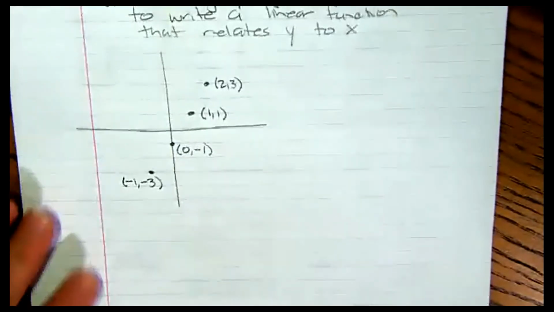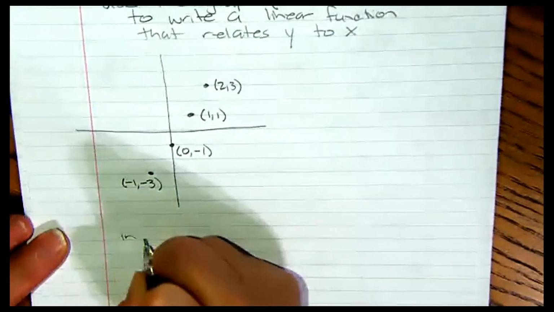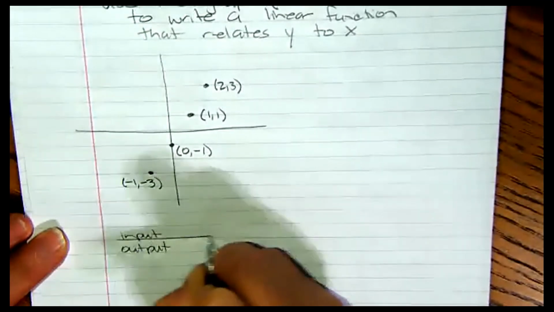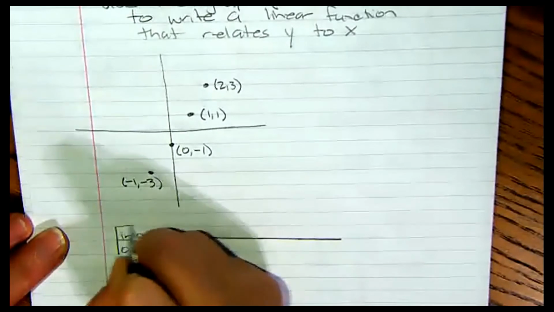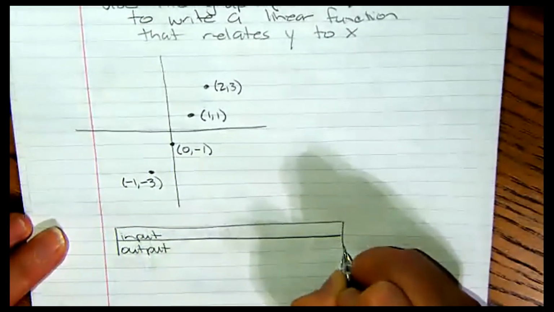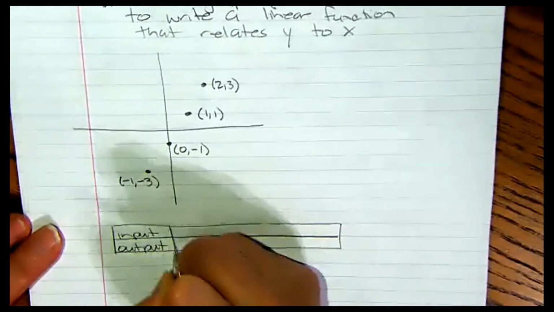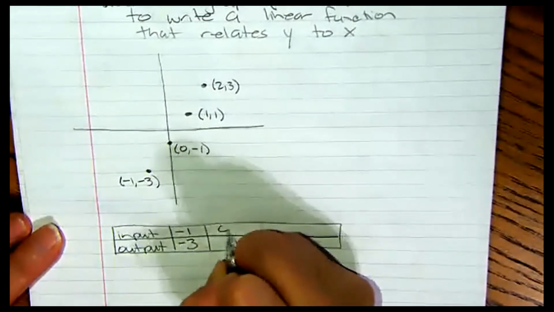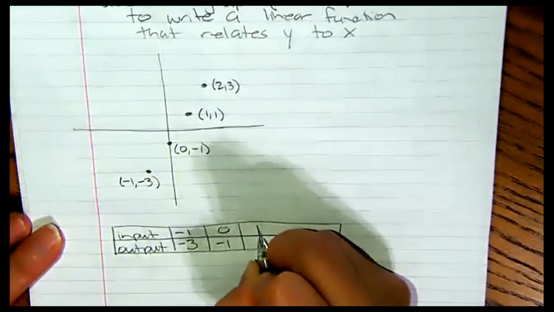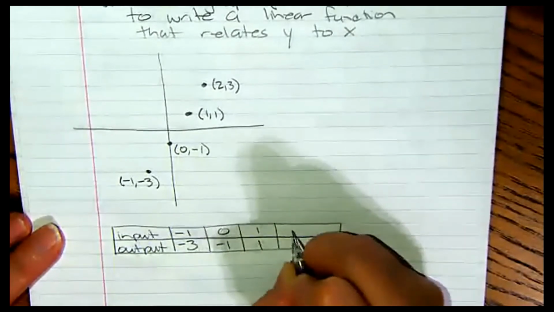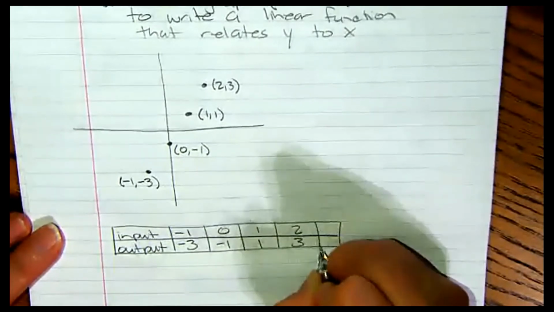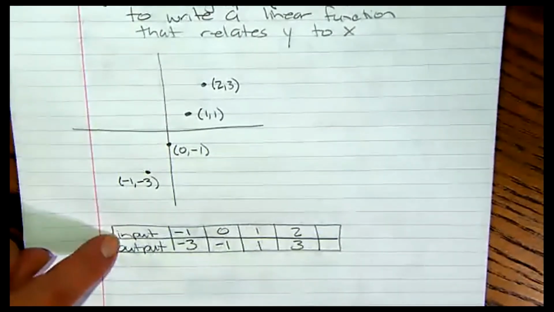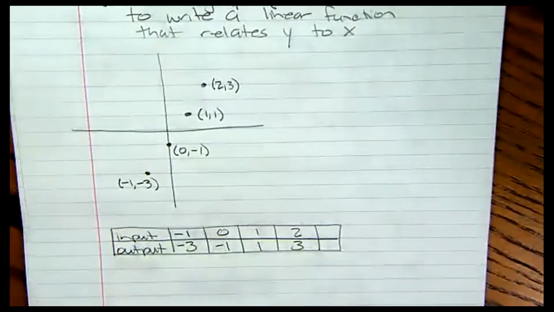So it could be a graph, or it could be a table that looks like this. Okay, so this graph and this table represent the same function.